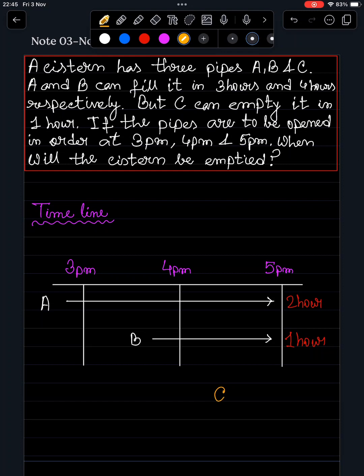Before 5 pm, there were only pipe A and pipe B working. A has worked for 2 hours till 5 pm and pipe B has worked for 1 hour, and then at exactly 5 pm pipe C was started.